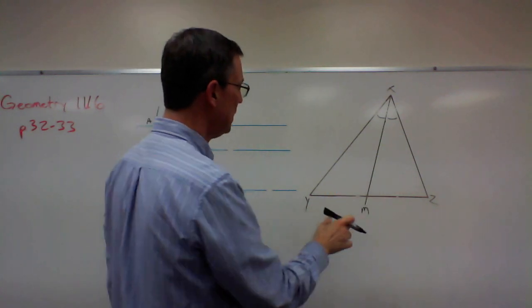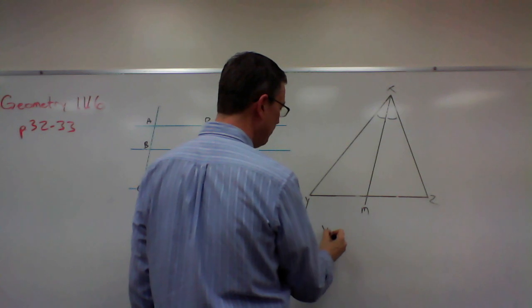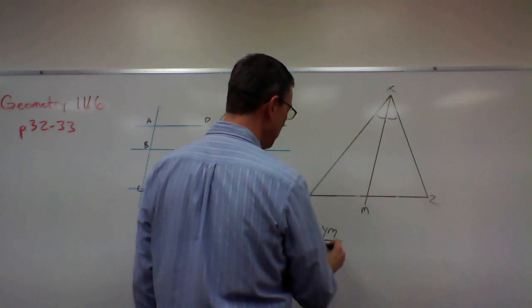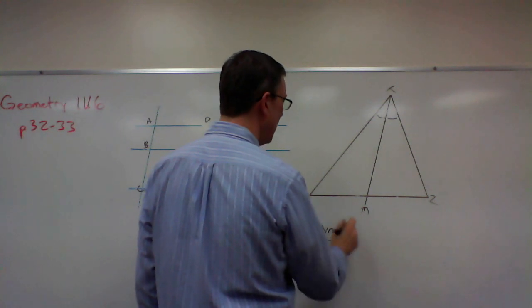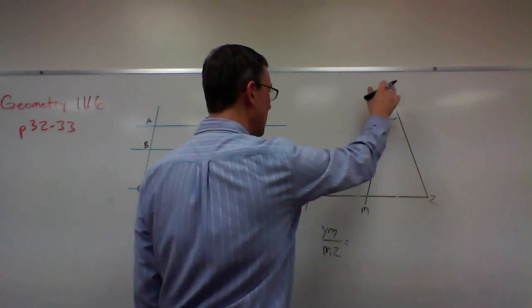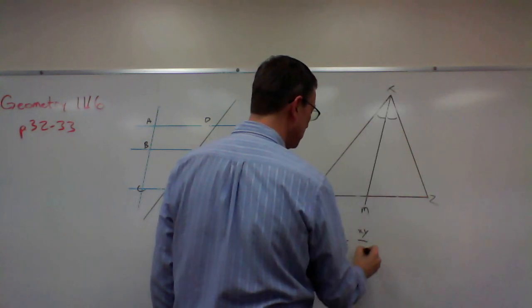And if I did, then this intersected side, YM, is to MZ as this side, XY, is to XZ.